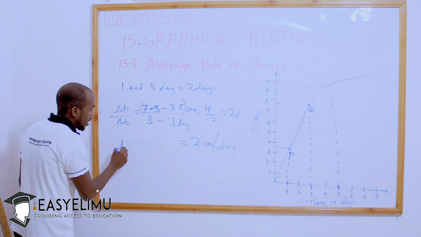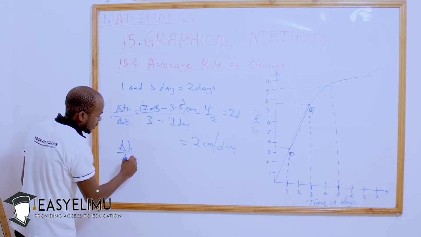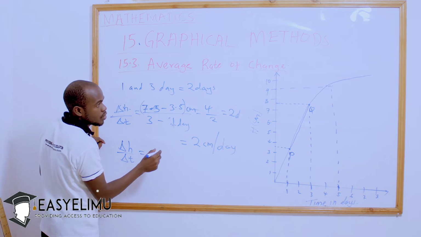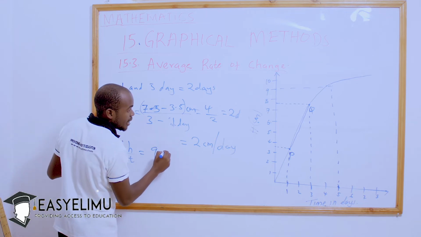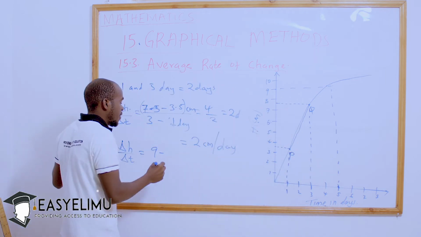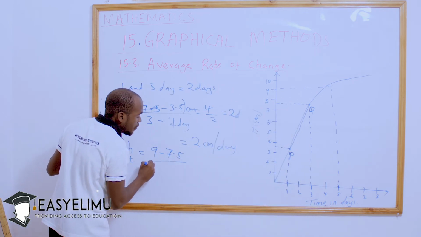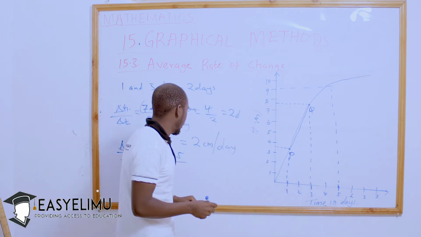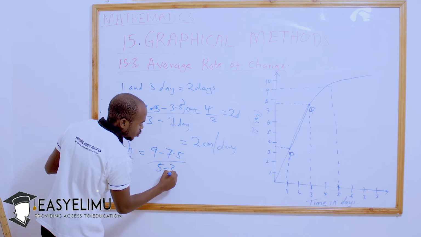So the rate of change in height will be equal to the change in 9 minus that of 3, the height at 3, that is 7.5, over 5 minus 3, so it's actually just 2 days.